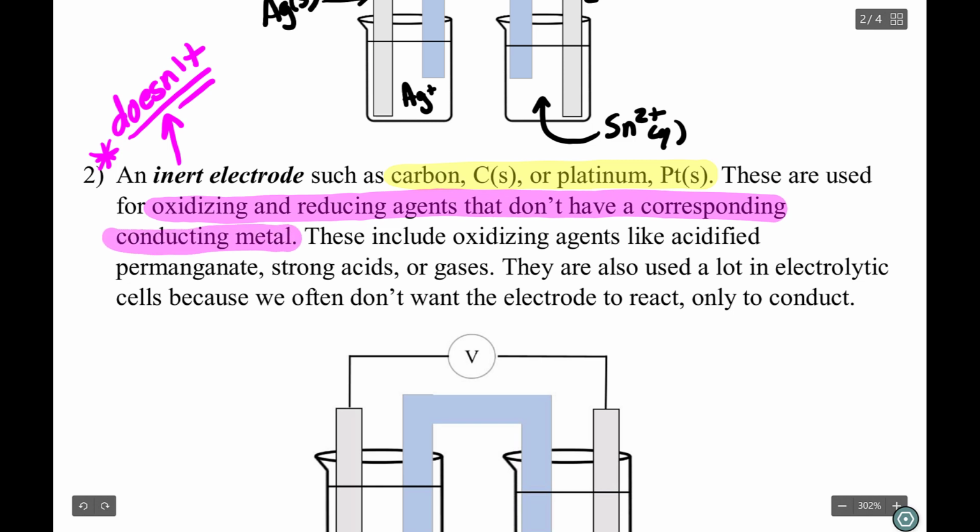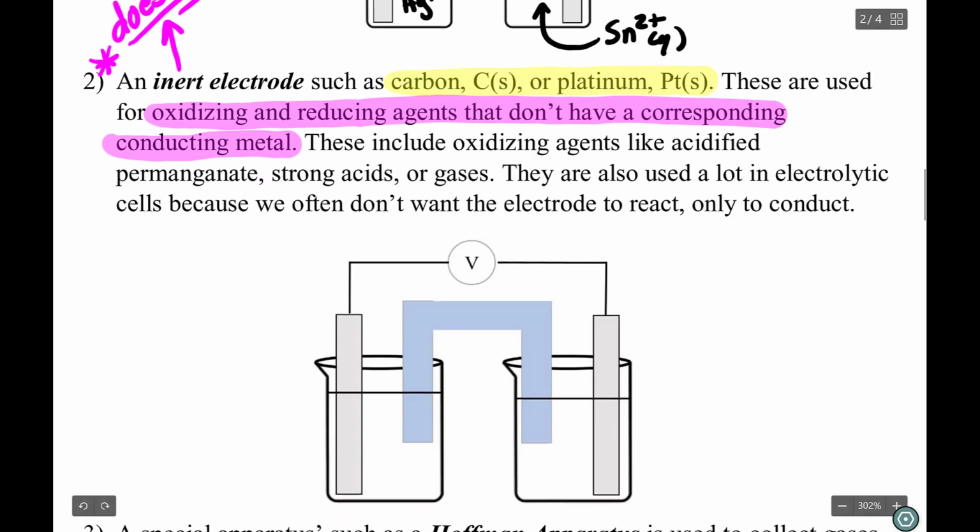So things like acidified permanganate. Well, that's an ionic compound. It's acidified. It doesn't have a corresponding metal. Or how about nitric acid? Nitric acid is a really strong oxidizing agent, but it doesn't have a corresponding conducting material to go with it. So what you do is you just pick platinum or carbon and you use that as an electrode.